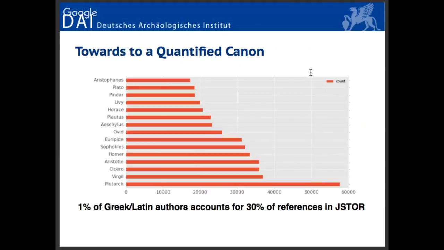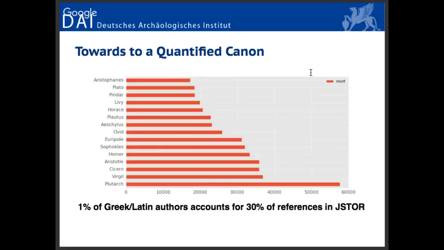Another thing you can do, and I've done, also comparing to Scheidel's results, is to look at the top authors cited. He did it for the Année Philologique, following his method. I tried to do the same, the top 15 from JSTOR, bottom up, starting from the references and then inferring that information.